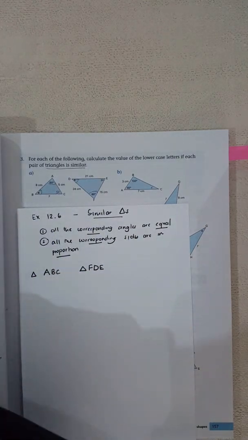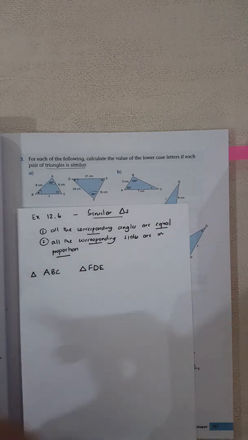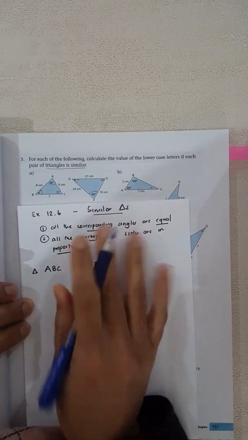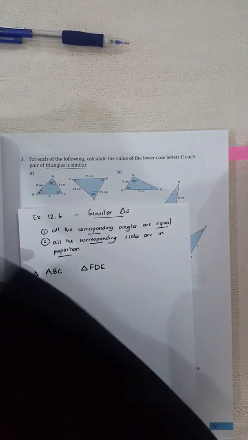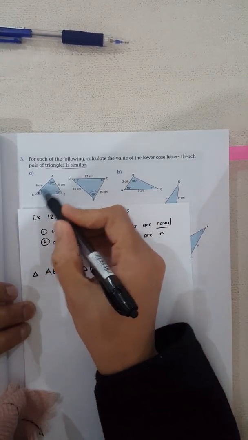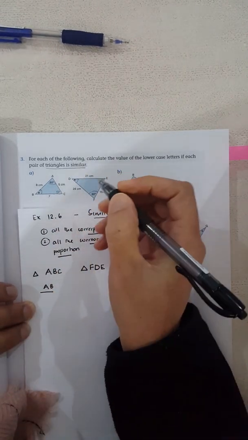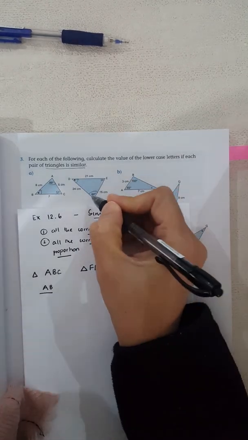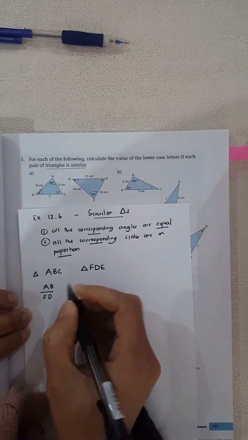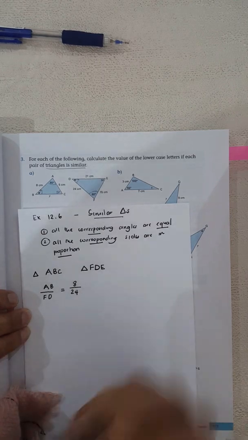So let me just take that away. We don't have that. What we do have is the sides, so now we have to go to the next part. If we prove that the corresponding sides are in proportion, then we can say the triangles are similar. So what do we mean by that? Let's see the side AB over the side FD. AB over FD equals 8 centimeters over 24 centimeters.